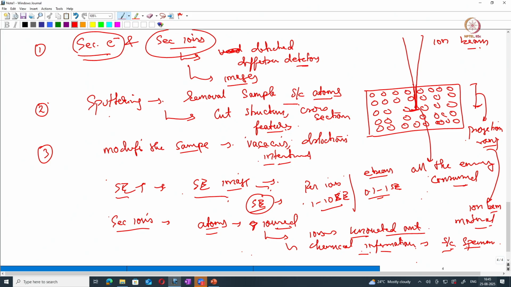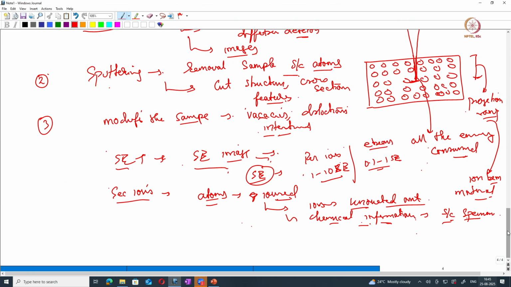Okay, so it is nothing but like in the atom probe, where you depend upon the chemical species. You have atoms which are polarized, and they convert to ions, and they can accelerate towards the detector. Similarly, these secondary ions from the sample surface carry chemical information. Correct. So these are called secondary ions.